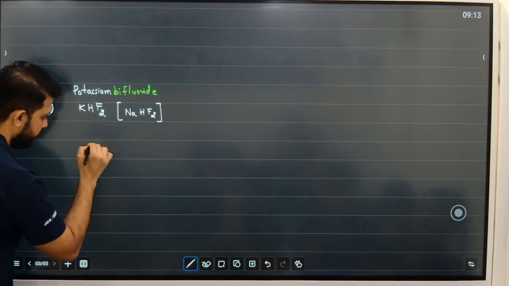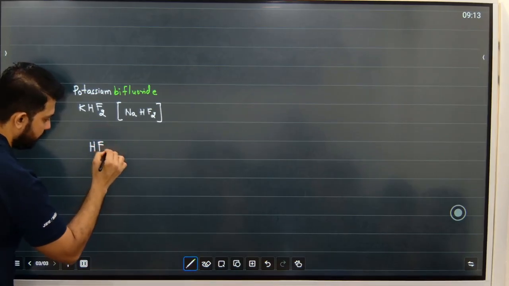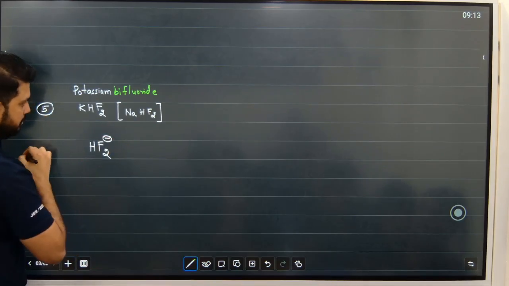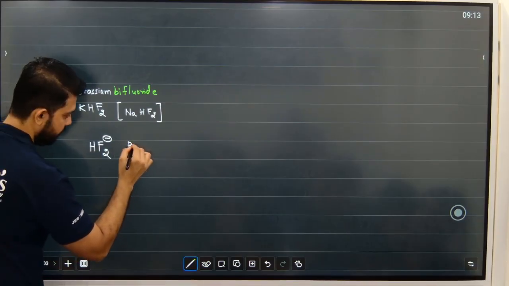In this you have a very important ion. This ion is called as a bifluoride ion.